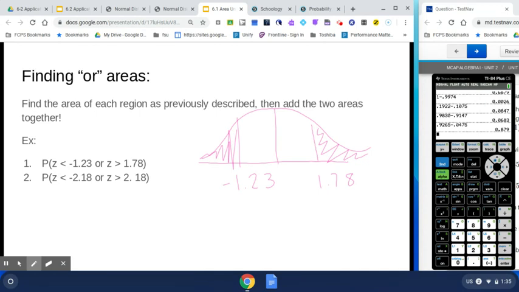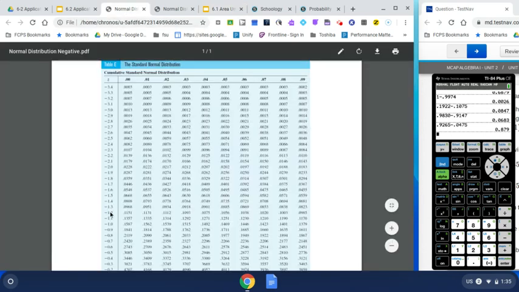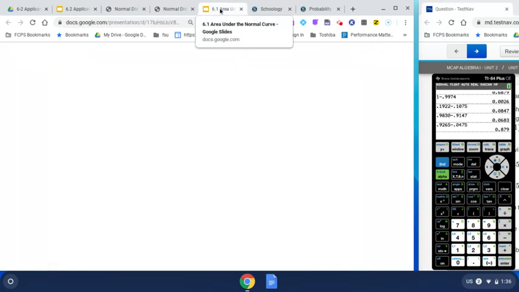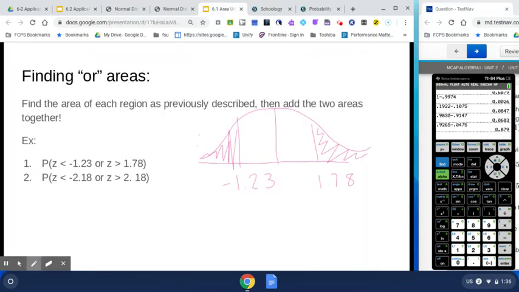So let's first find the area to the left of negative 1.23. Negative 1.23 is associated with the probability 0.1093. There's nothing else we have to do with that number because that is the area to the left. So that's the area that I want.